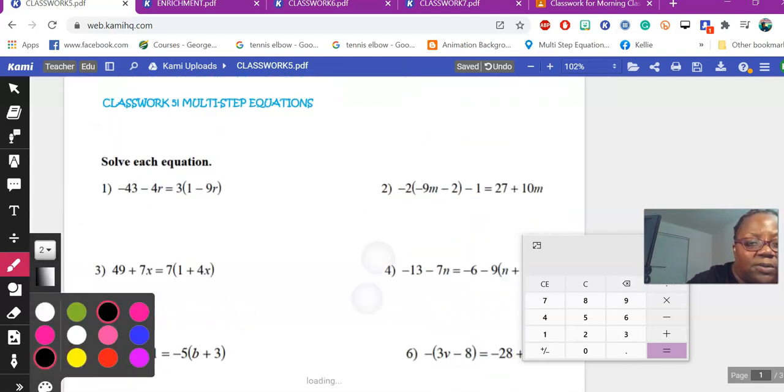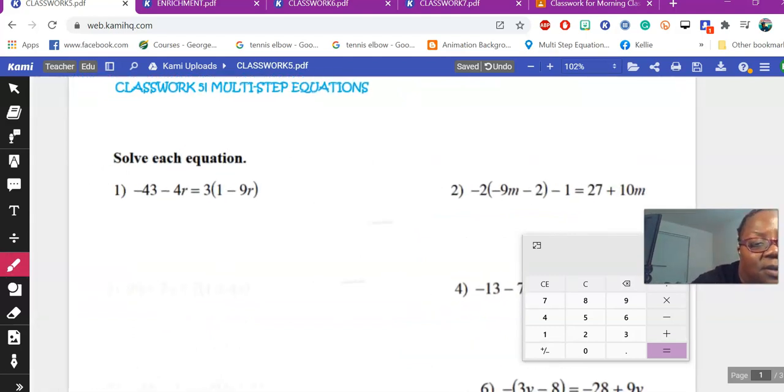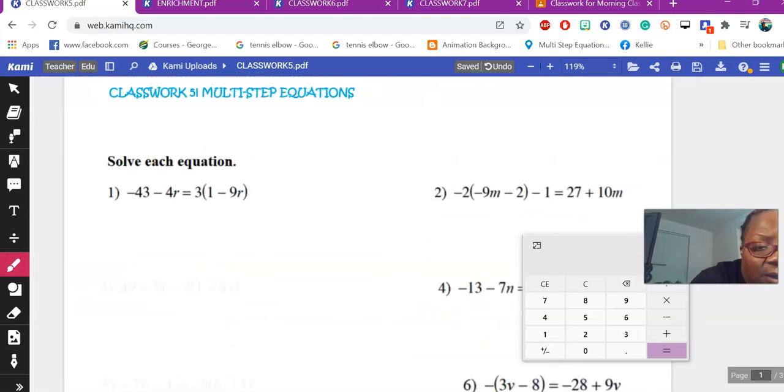First thing we're going to do is distribute. Three times 1 is 3. 3 times negative 9r is going to give us negative 27r. So that part is done. We bring down everything else.